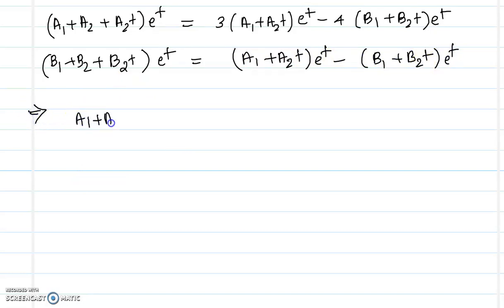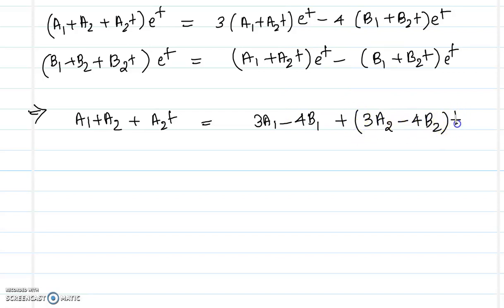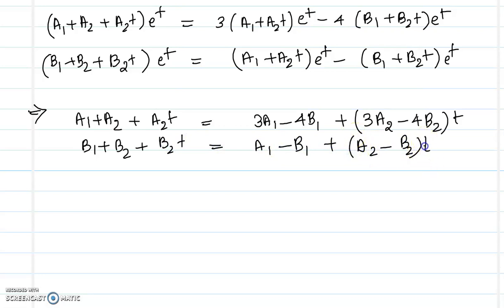So we will be getting a1 + a2 + a2 t equal to (3a1 minus 4b1) plus (3a2 minus 4b2) t, and the second equation will be b1 + b2 + b2 t, that will be equal to (a1 minus b1) plus (a2 minus b2) t.